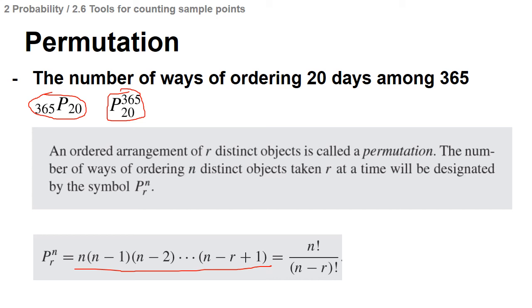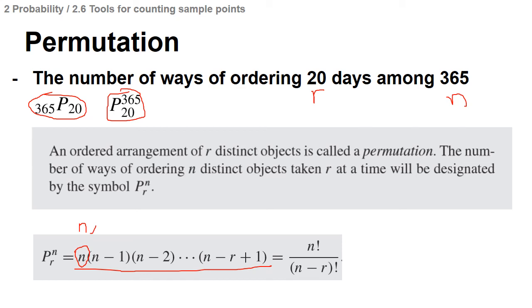And actually, the number of ways of ordering r elements among n numbers, the proof is that for the first selection you have n choices. And since you already picked one from n choices, you have n minus 1 items left.